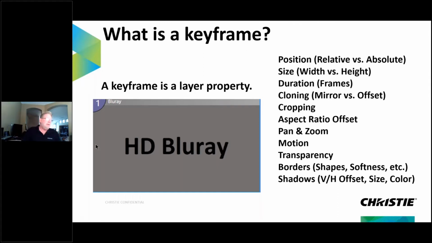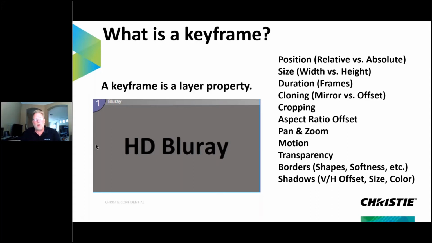All right, perfect. Okay, so what is a keyframe? When we think about Spyder, we think about layers and pixel spaces and everything. So a keyframe is a layer property. It's anything having to do with a layer. It's not something specific to a source or maybe even a still image, because sources and stills can be applied to layers.